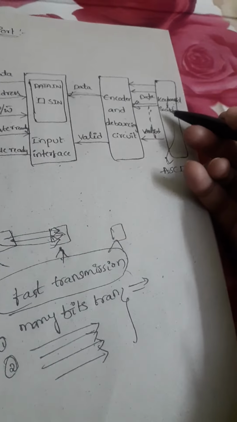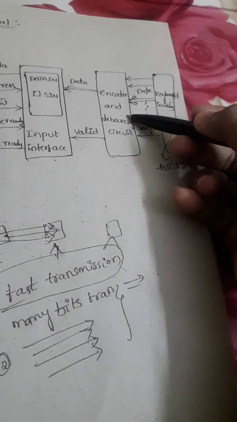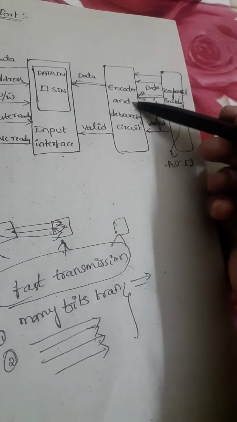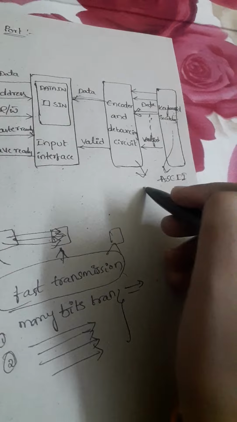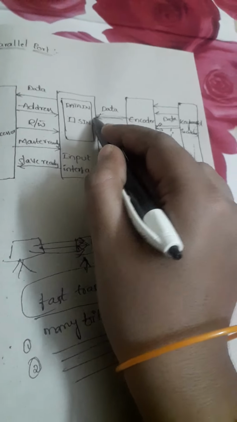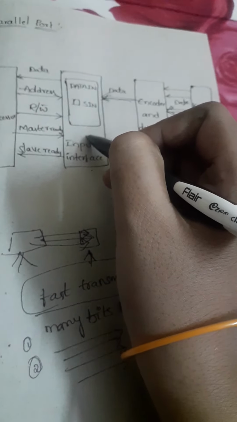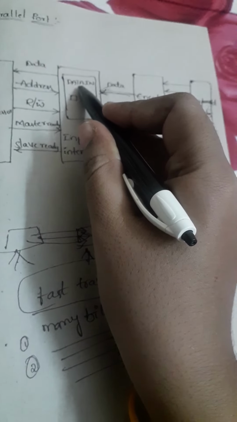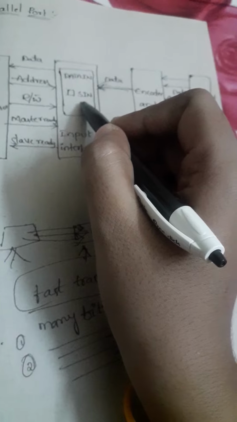See here, when I press the information, it will be given to the encoder box, and with the help of the encoder box that information is converted into ASCII codes. Now these ASCII codes will be our input data, and that data will be given to the input interface. This input interface consists of the data input as well as SIN, that means a flag bit.